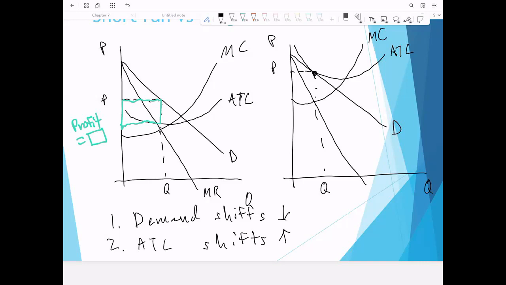I don't know how much the book talks about the second part. I can't remember actually. I know it talks about the first part for sure, but either one of these things could happen, or some of both, okay? And just losses, you just flip it, right? If you have losses, you might see firms exit, or you might try to raise your price.